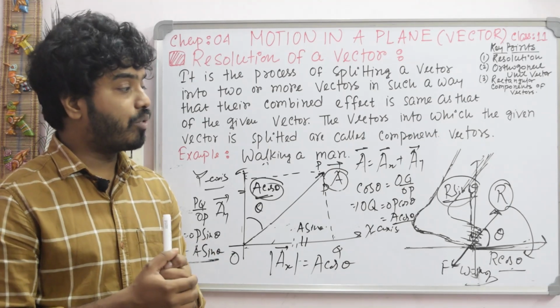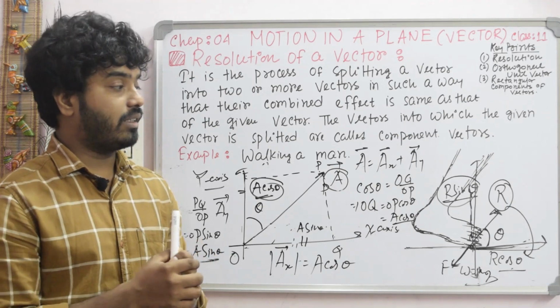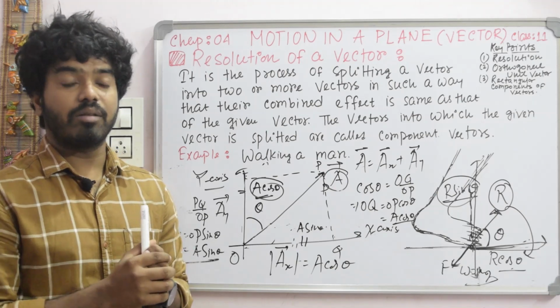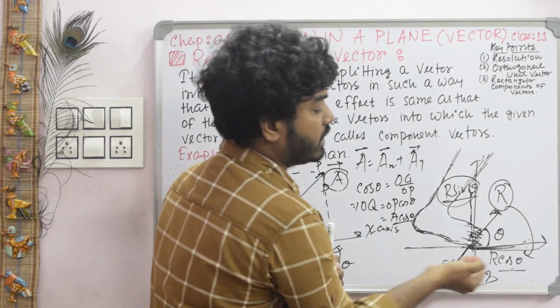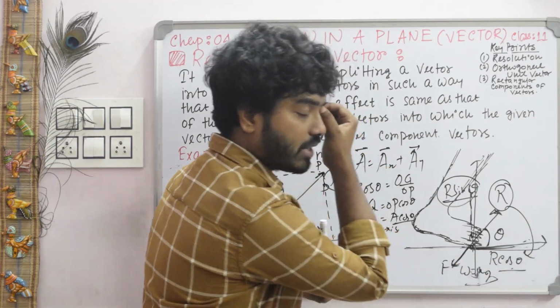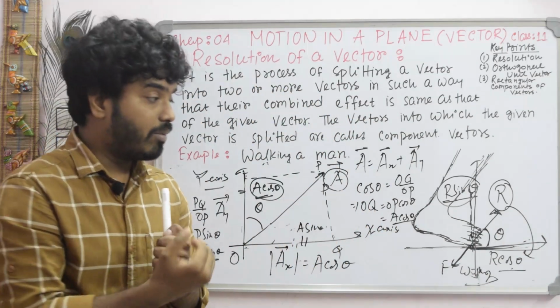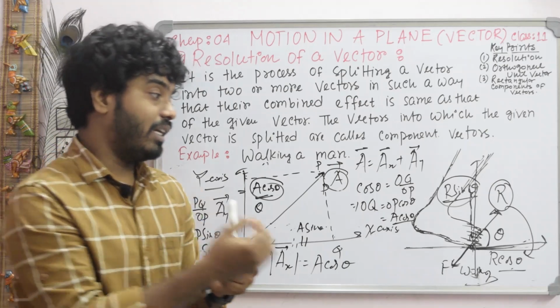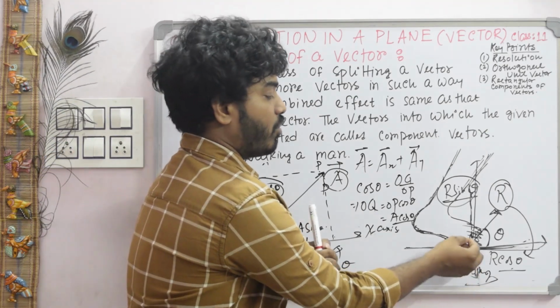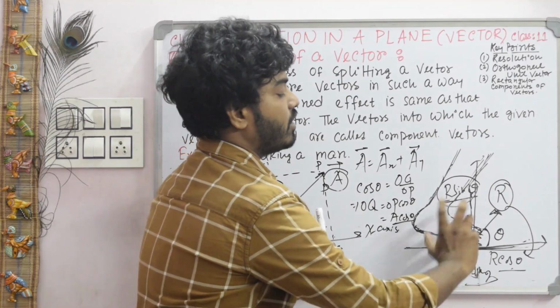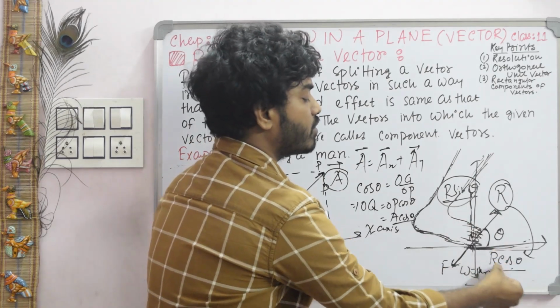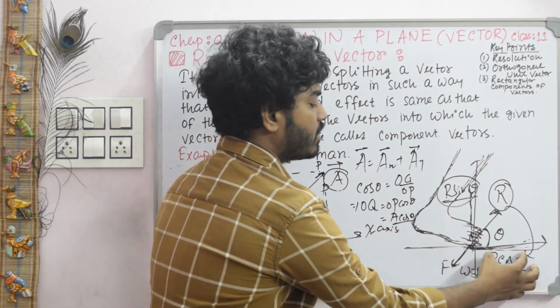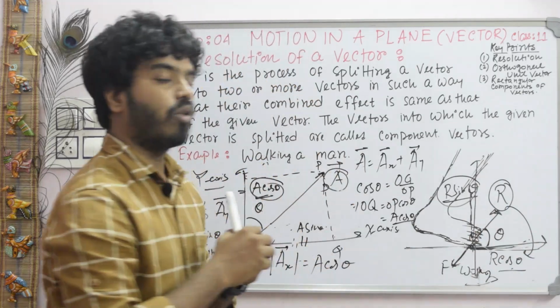The work of the r sin theta component is to balance our body, and with the help of r cos theta along this direction we are moving forward. Obviously when there is friction, when this component is more than the frictional force, the man moves forward.